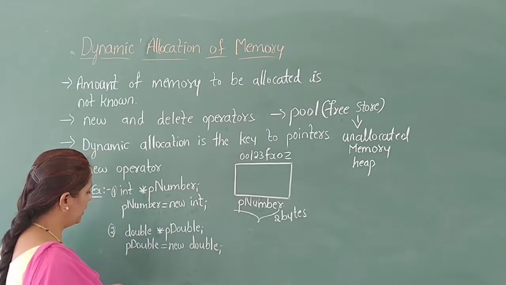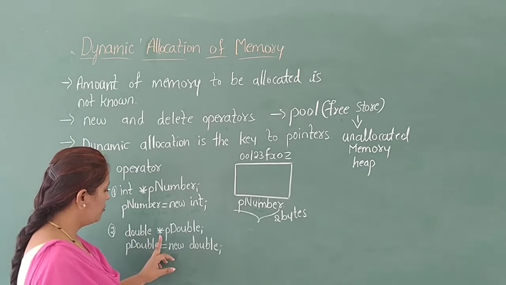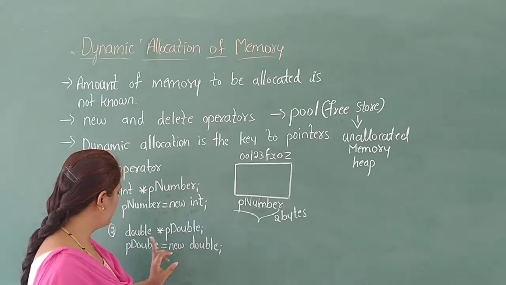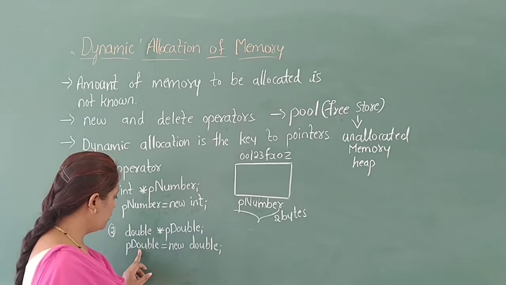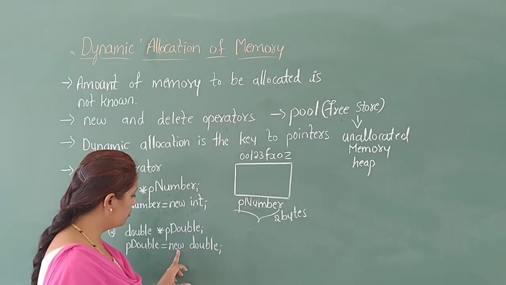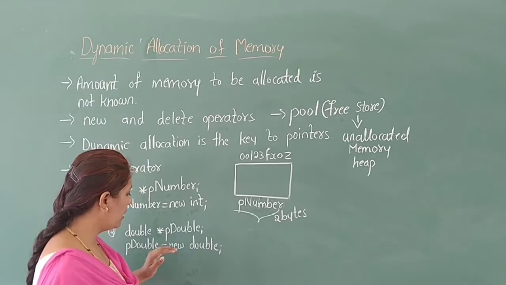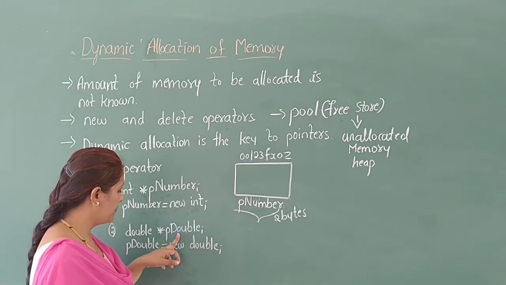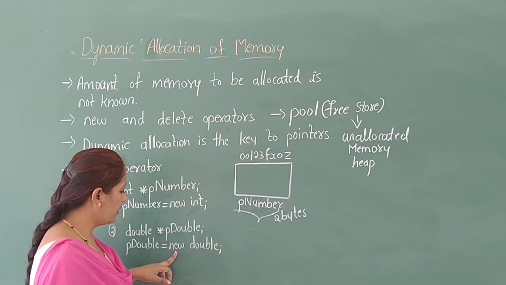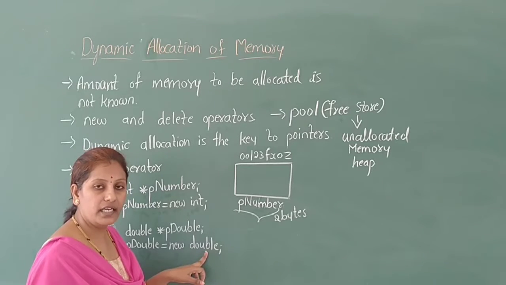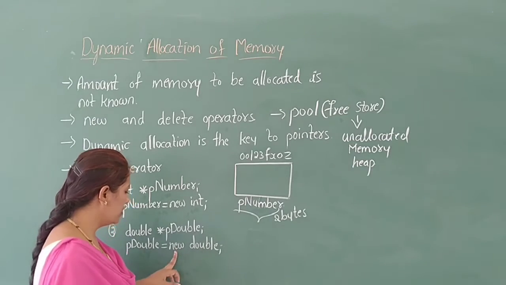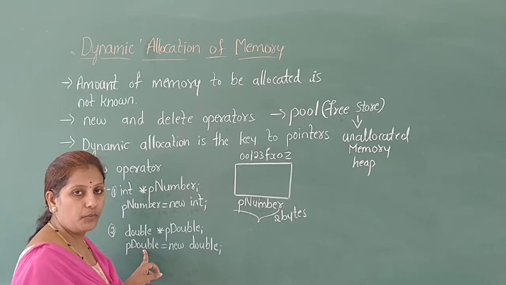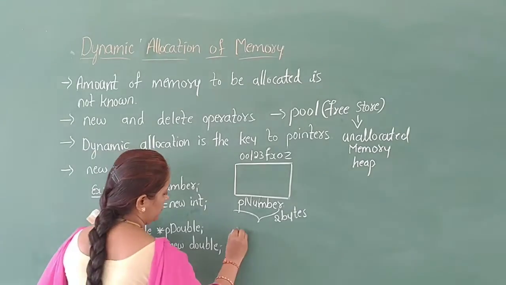Come to the second example, double *pdouble; pdouble = new double; Here the first line declares the pointer pdouble. The second line allocates memory for the data type double using the new operator and then makes pdouble point to the new memory.